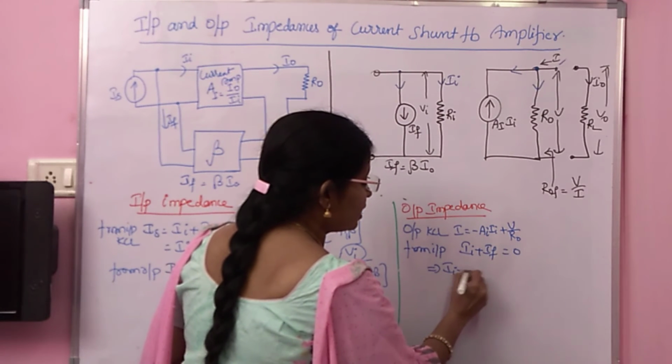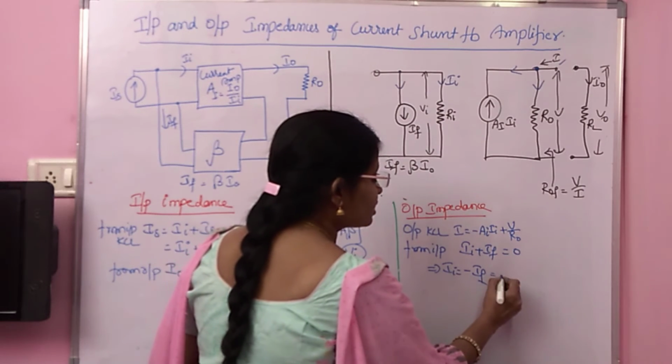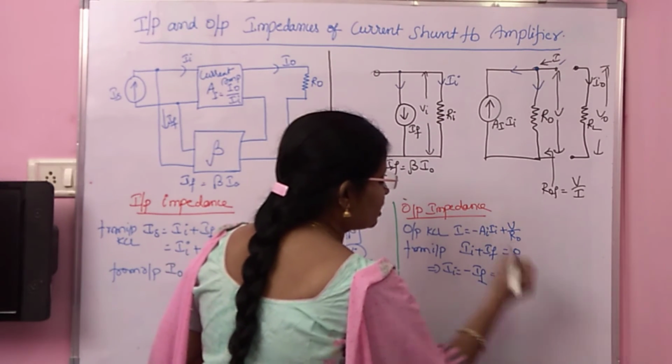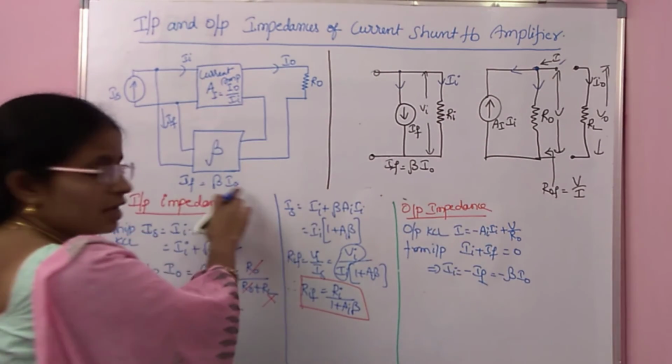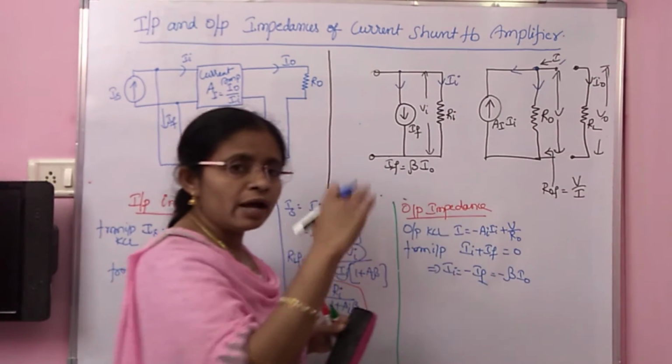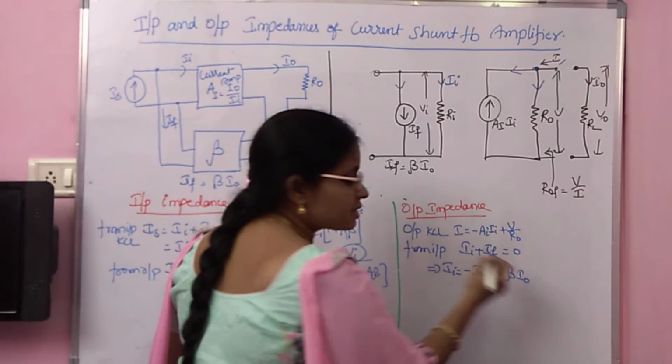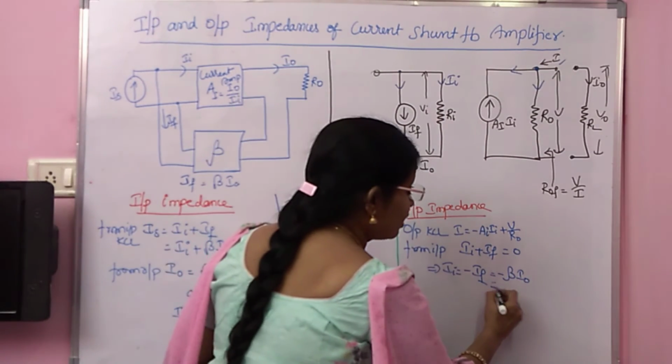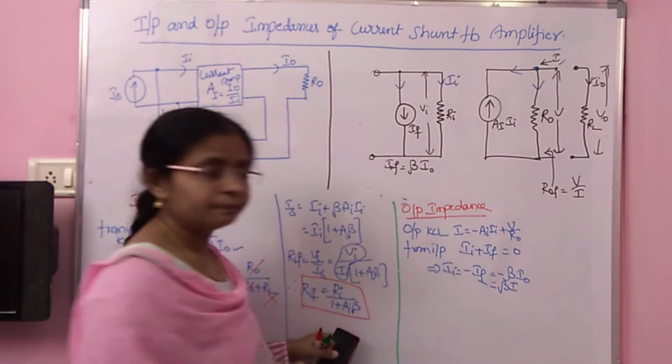Means II is minus If. What is If? Beta I naught. We know already If is beta I naught. And if you observe, I naught and I are in opposite direction. So as I naught is minus I, If becomes beta I.